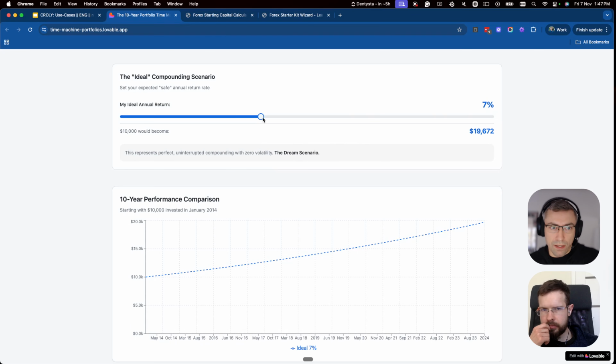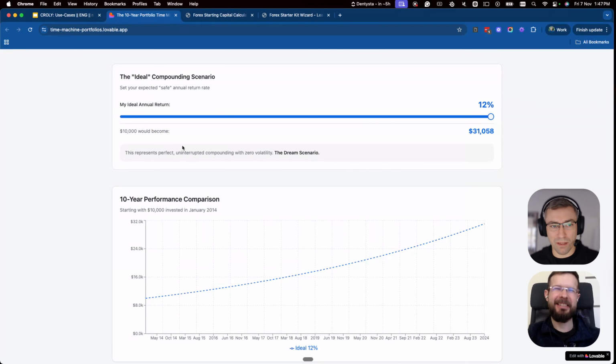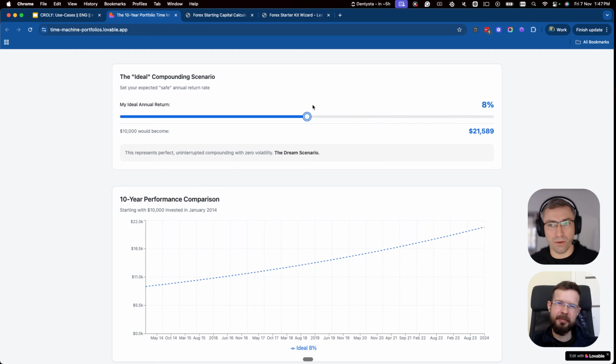I imagine some users immediately want to go to 12% a year, or 20. Yeah, let's go. But some information on which percentage is actually quite realistic could be served to the user at this stage.